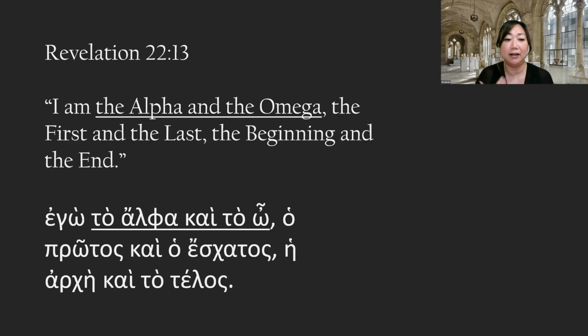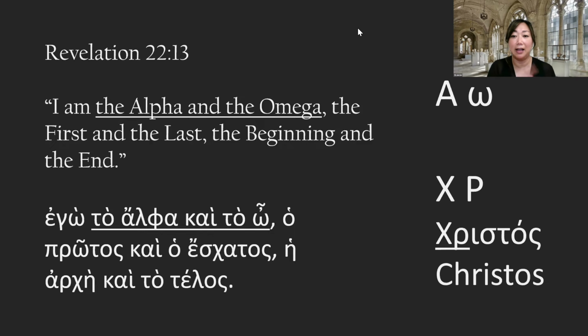So in the Greek, you have ego eimi to alpha kai to omega, ho protos kai ho eschatos, he arche kai to telos. So that same thing, you'll see the alpha and omega, you'll see the two letters that begin those words, then they become represented in the iconography, alpha and omega. Note to all of you, I didn't realize this until I think a year ago, that omega is actually big O, as versus omicron, which is little o.